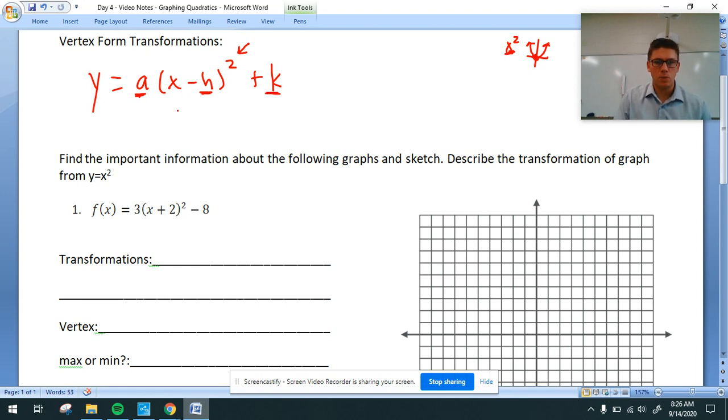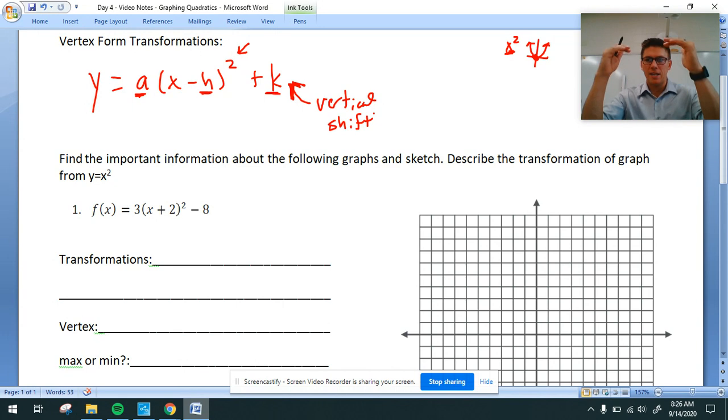So when we look at these three things, the first thing we can note is this k value at the end. This is going to account for our vertical shift. It's going to move our graph up or down. So if you see a +2 at the end, it's going to take that whole entire parabola and move it up 2 spots. See a -5, it's going to take the whole parabola and move it down 5 spots.